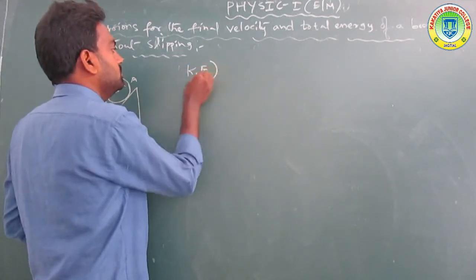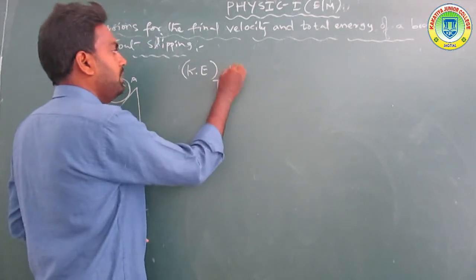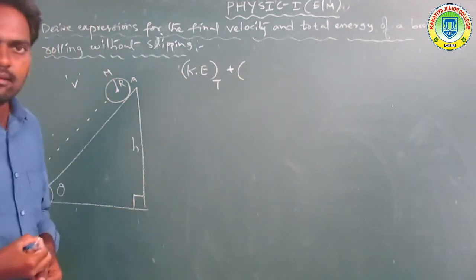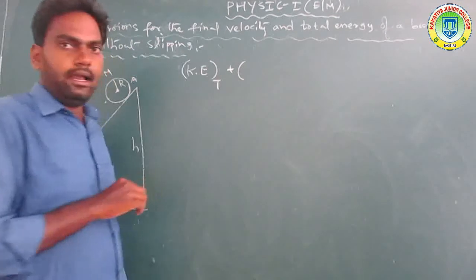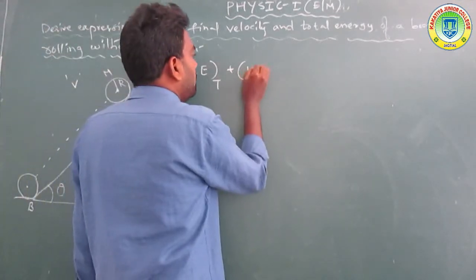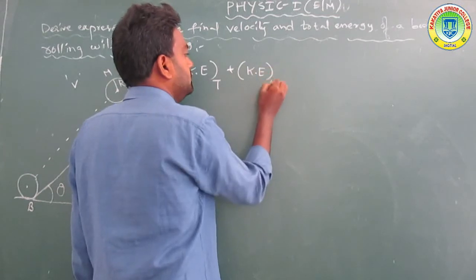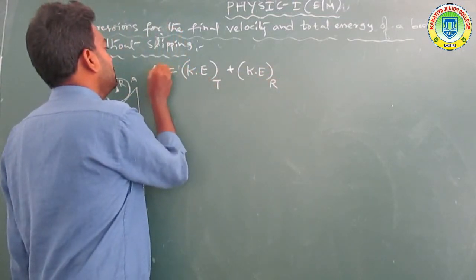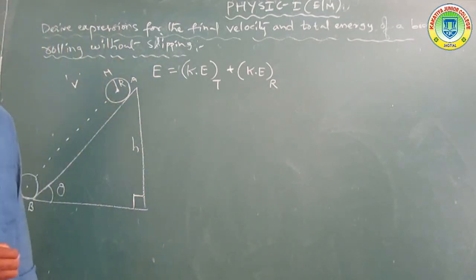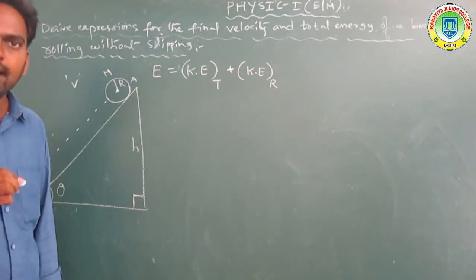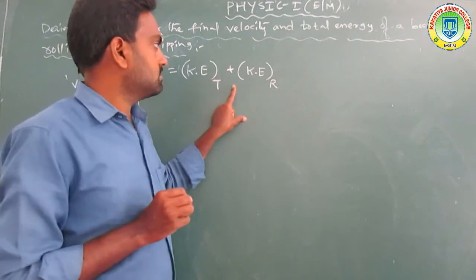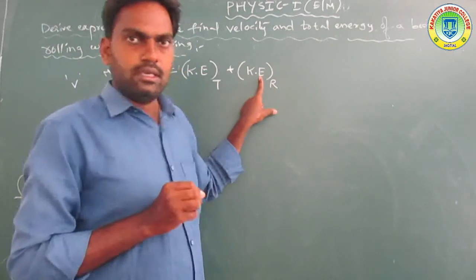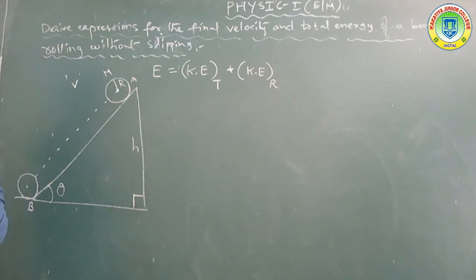Translation is one and rotation is the other. The total energy of the rolling body is equal to the translational kinetic energy plus the rotational kinetic energy, for a body rolling without slipping on an inclined plane.